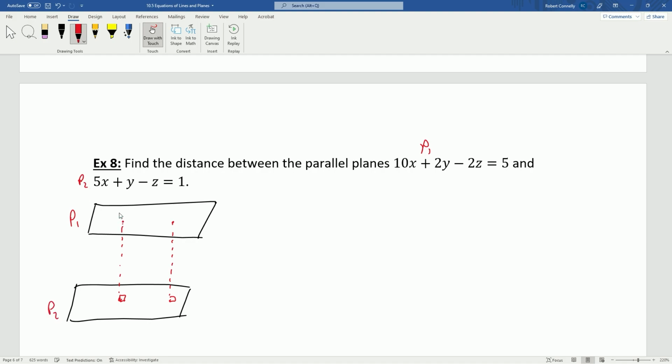So I'm going to pick a point on plane P1. And how am I going to do that? Well, I'm just going to plug in some values for x and y and solve for z. And let's pick some easy values. Why make it difficult? How about x is 0, y is 0? Then negative 2z has to be equal to 5, so z has to be equal to negative 5 halves.